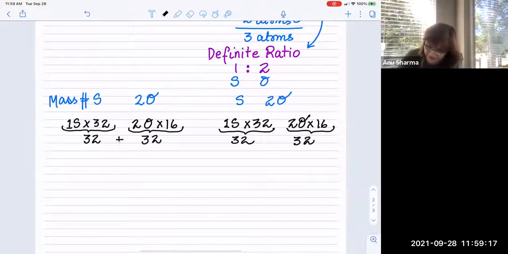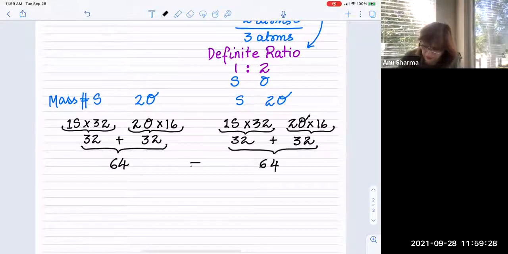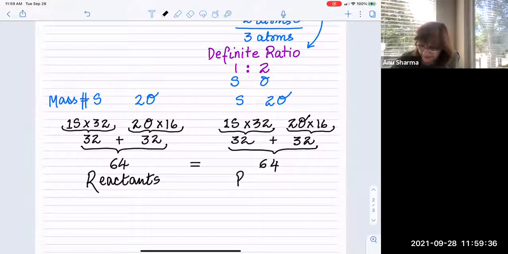You add these two, and what do you get? This is 64, and the other side is also 64. So you see the total weight on the reactant side is equal to the weight on the product side.